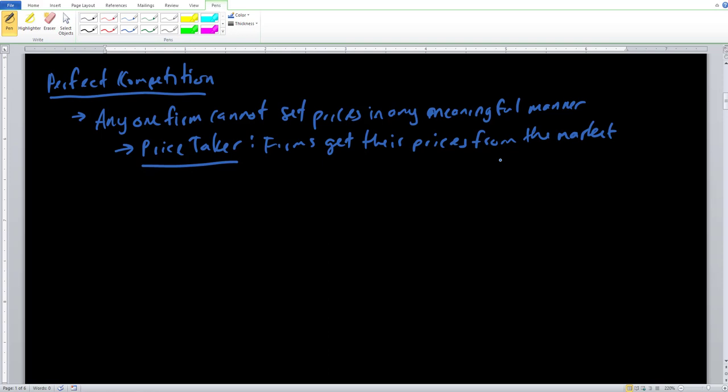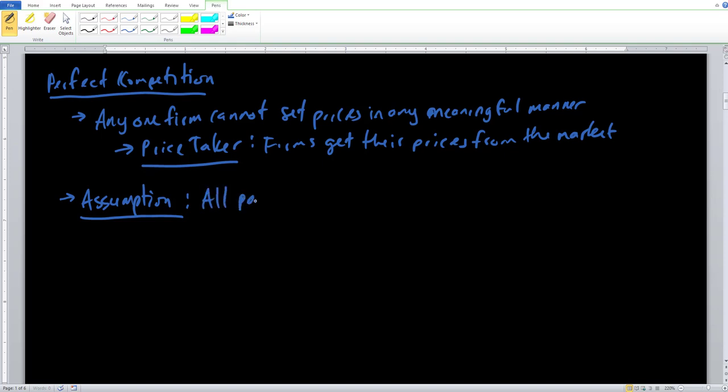Before we go ahead and take a look at the graphical analysis, however, we do want to build up one huge assumption that you should keep in the back of your mind, not only just for perfect competition, but also for our other market structures as well. So what is the assumption that we need to talk about? And the assumption is that every single firm, every single buyer is going to have perfect information. So all parties have info about prices.